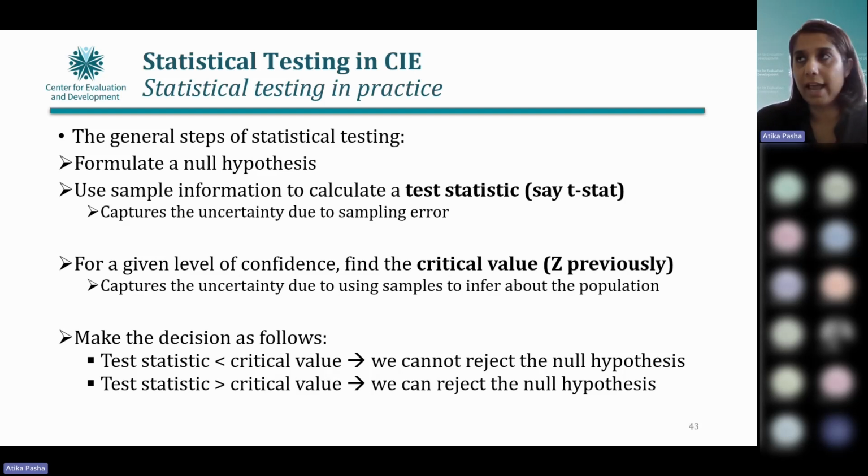We say that our null hypothesis cannot be rejected, which is to say, in our simple example, that individuals with primary school education do not earn differently from individuals who have no primary school education. The alternative rule, however, and the one that we are interested in, is whether the test statistic value is greater than your critical value.